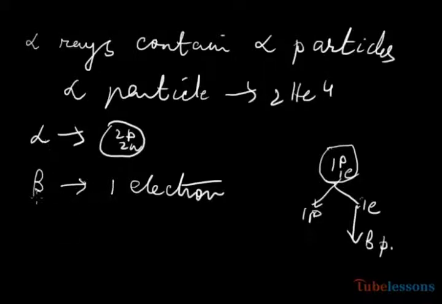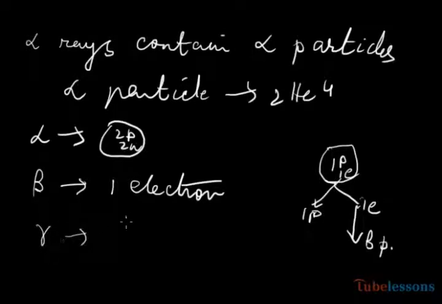Beta particles and gamma rays both can penetrate opaque substances like lead bar, lead plate, lead rod, etc. The penetrating power of a beta particle is greater than an alpha particle, and that of gamma is greater than a beta particle. Now, what is gamma?